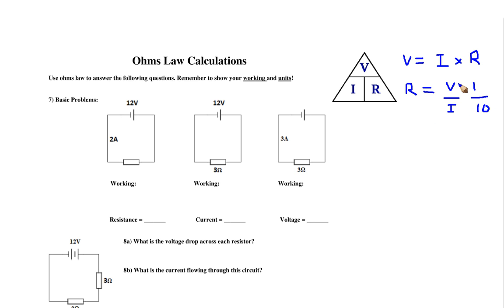We're getting a large current, even though we're only applying a very small voltage, giving the electrons a very little amount of energy. And lastly, there's one more way we can arrange this formula, which is we can put here, what do we need? I, current. The current we get is equal to voltage divided by resistance. And again, this one makes a lot of sense too.